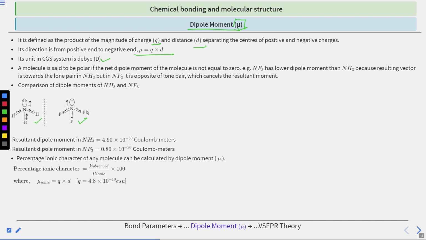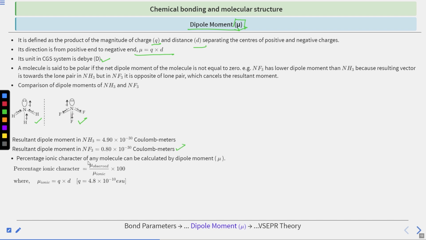You can see the lone pair is present in both molecules, but the effect of electronegativity is different in both. The resultant dipole moment in NH3 is 4.90 times 10 to the minus 30 coulomb meter, and the resultant dipole moment of NF3 is 0.80 multiplied by 10 to the power minus 30 coulomb meter.